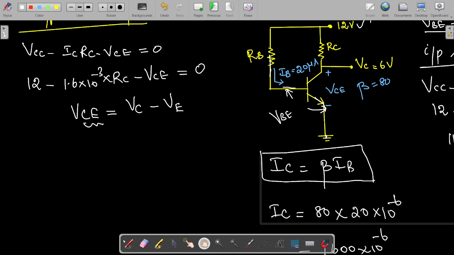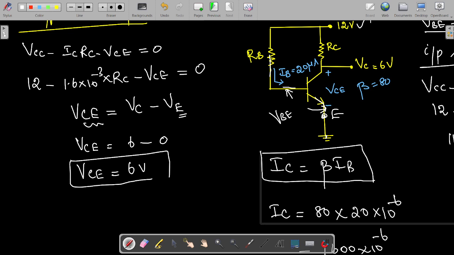In that VC value is given as 6 volts, right? So you can write VC as 6 volts minus VE. VE is this emitter voltage. It is directly connected to ground only. Because of that, VE is equal to 0. So VCE is nothing but the VC value. So it is 6 volts only.